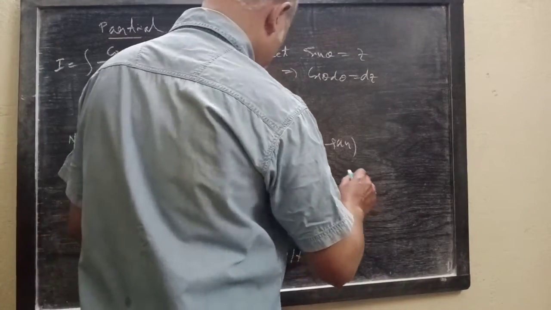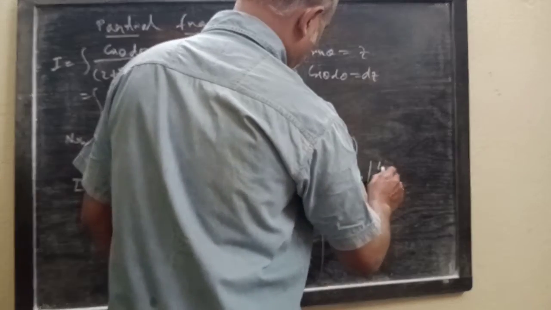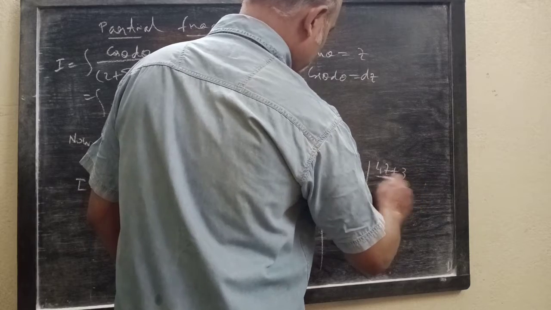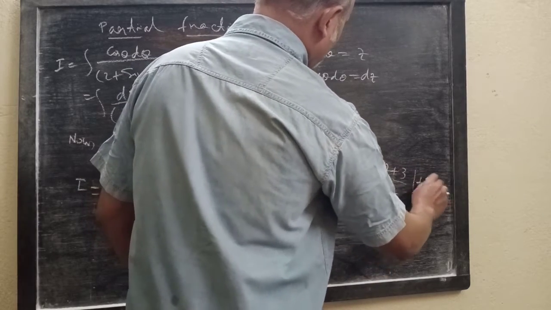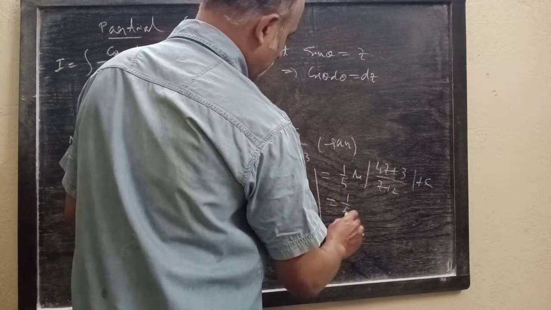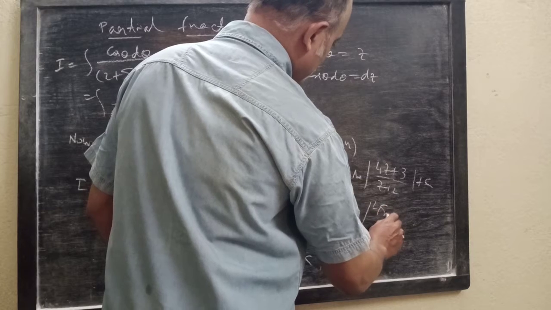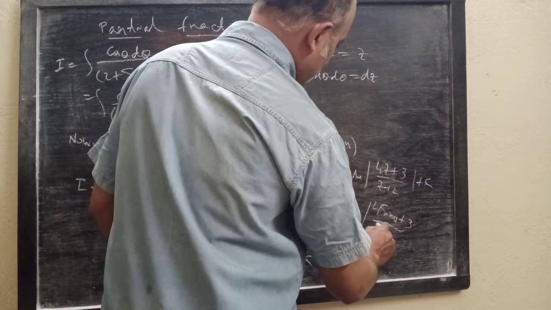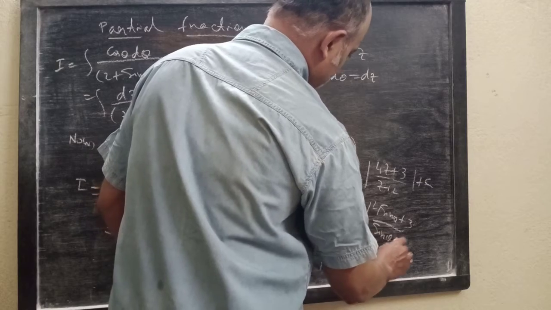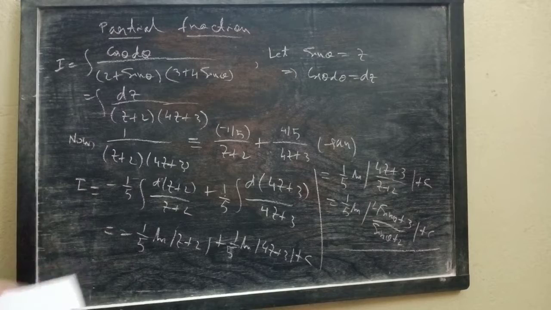So combining these two, we can write 1 by 5 ln of mod of 4z plus 3 by z plus 2 plus c. Now substitute z. 1 by 5 ln of mod of 4 sin theta plus 3 by sin theta plus 2 plus c. This is your answer.